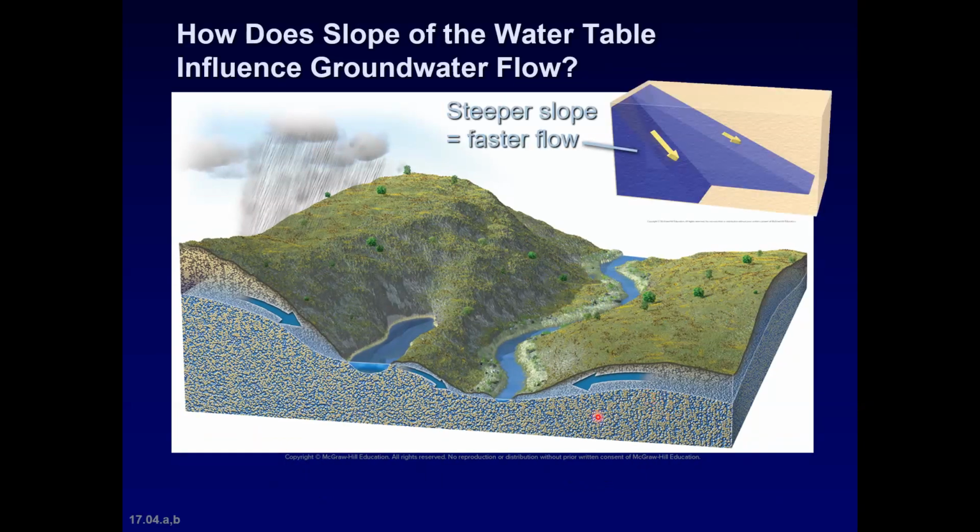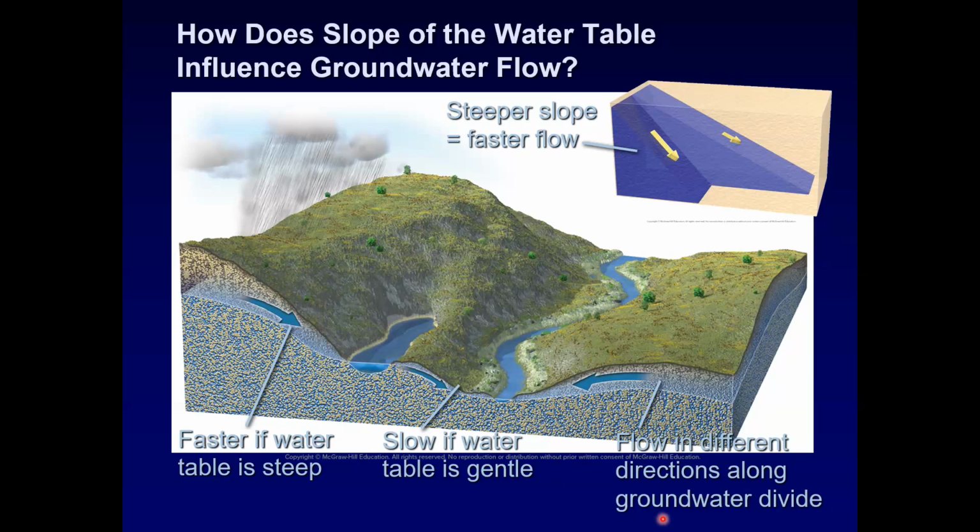Okay. Slope matters as well. A steeper slope will equal faster flow. If we're comparing, say, the same types of materials, steeper slopes will make water move faster than gentle slopes, like this.